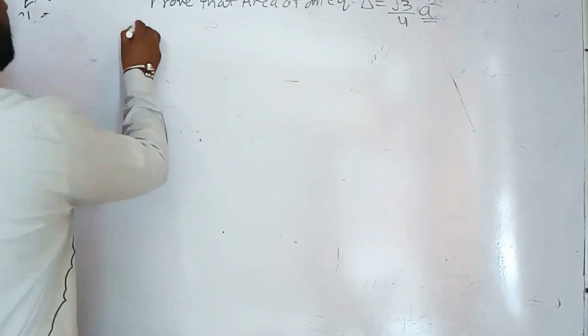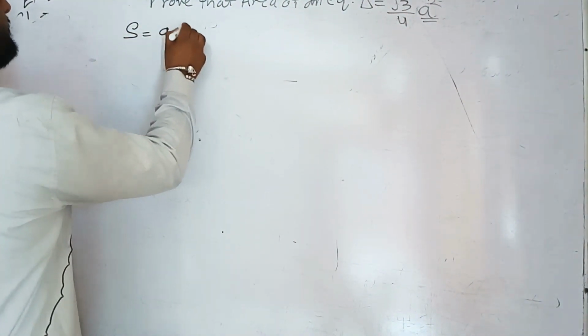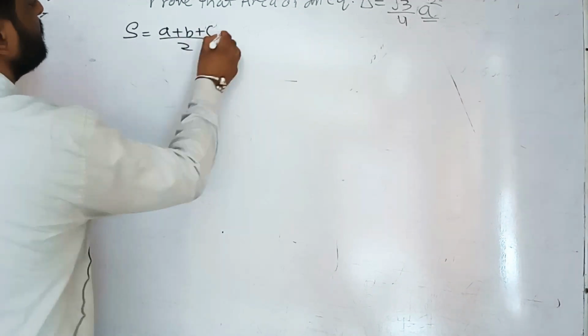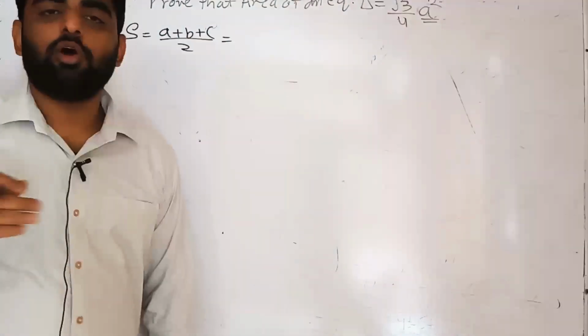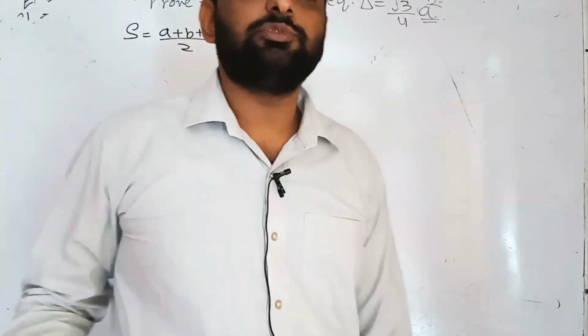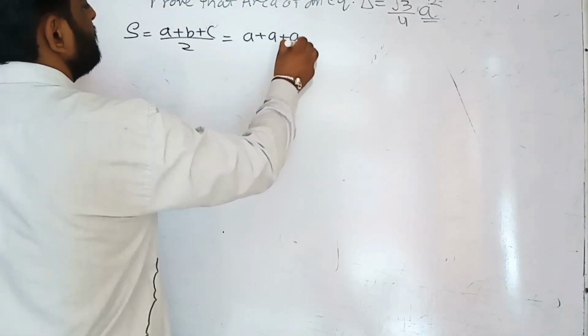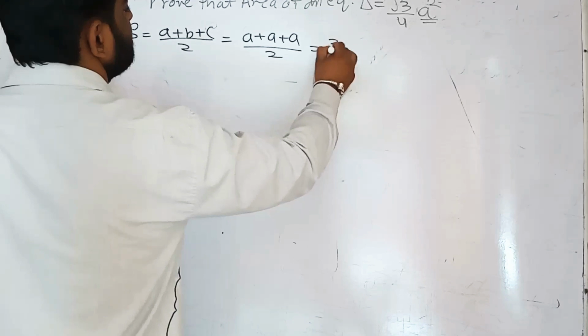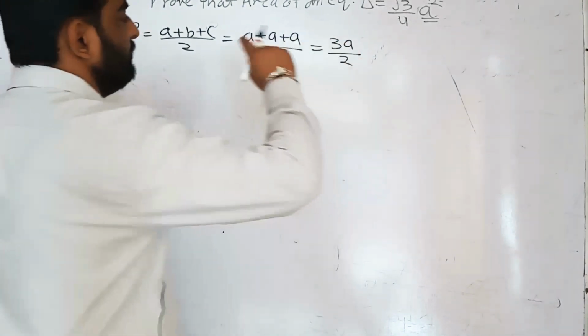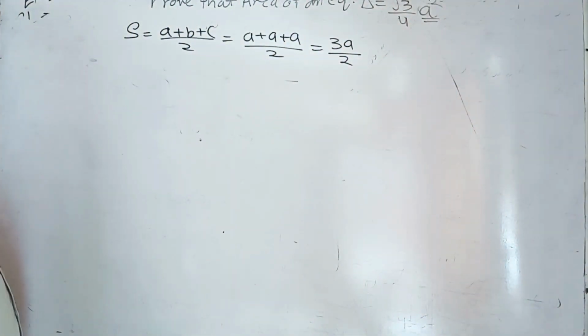First we find s, that is a plus b plus c upon 2. In an equilateral triangle all the sides a, b, c are the same, so a, a and a upon 2, that is 3a upon 2. This is the value of s, student.